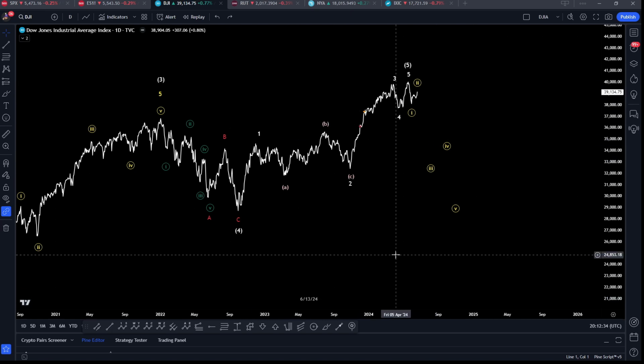Now, is alternation a rule? No, but we're here to pick up the tea leaves. We're here to determine what probability is.